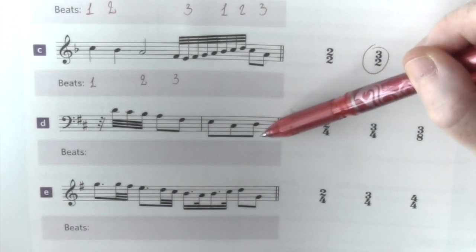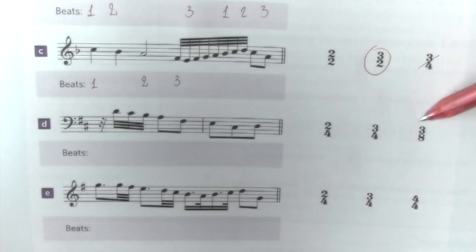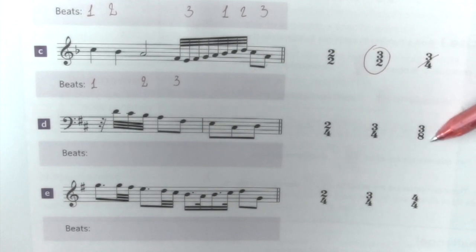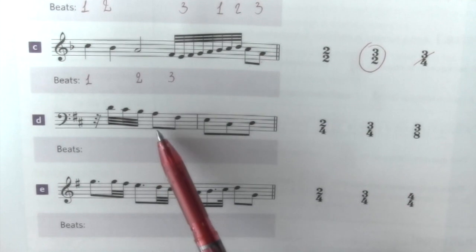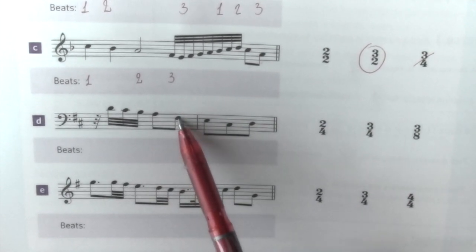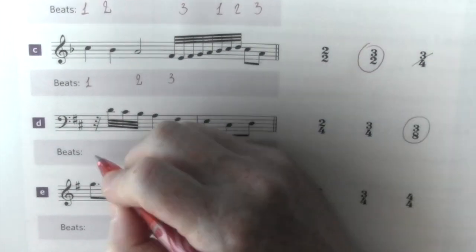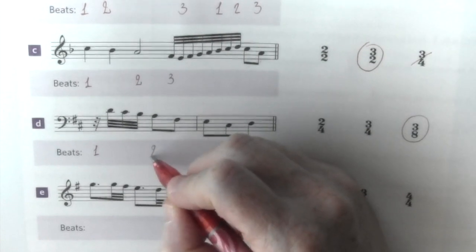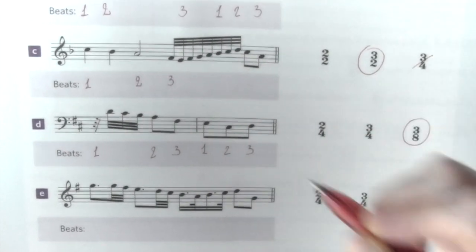These 3 things are 3 quavers, and within the options I do have a 3/8 possibility, so I already draw my attention there. Then I see if I can confirm it in the previous bar. 1, 2 and 3 quavers, absolutely 3/8. 1, 2 and 3, 1, 2 and 3.